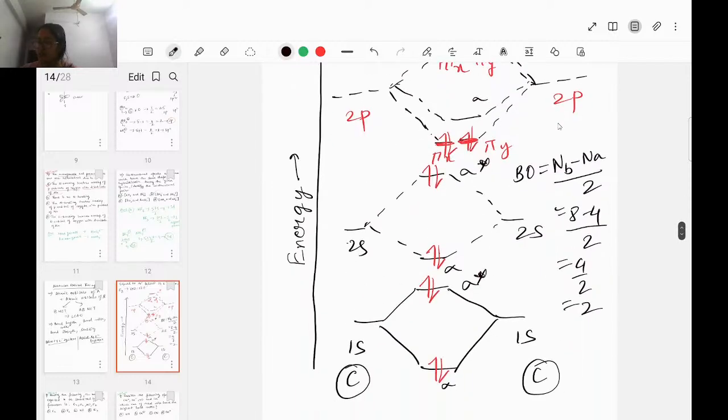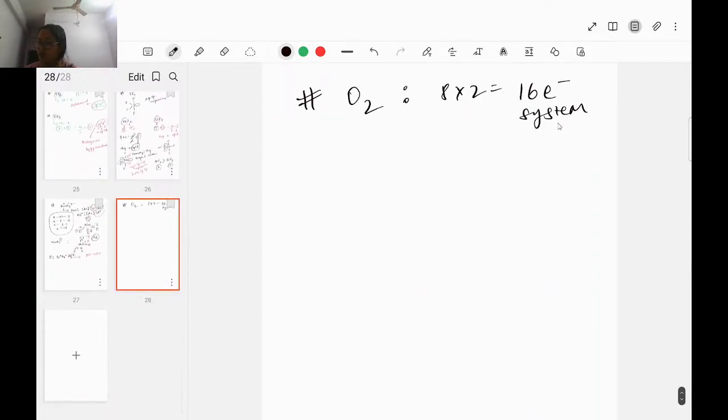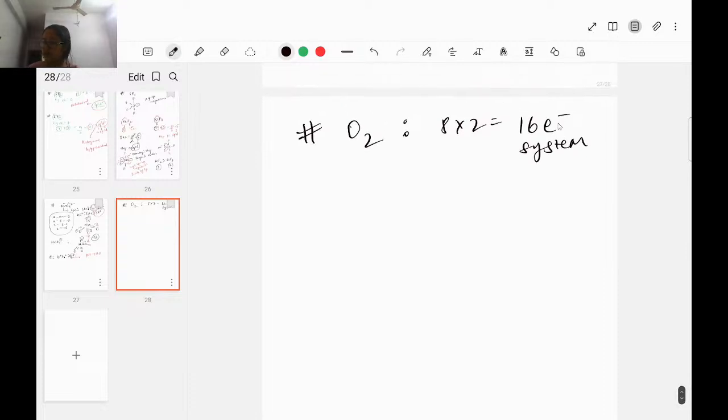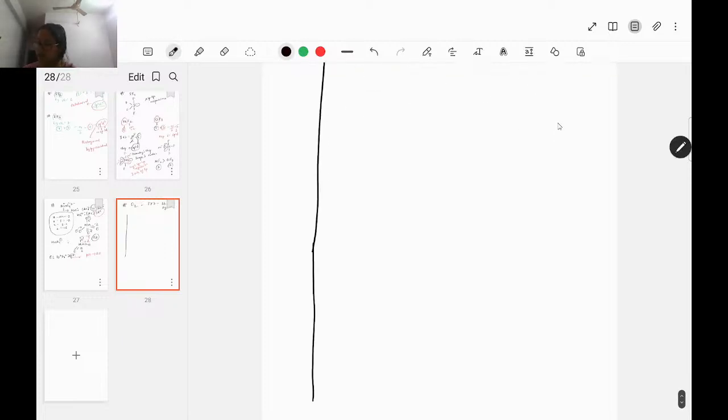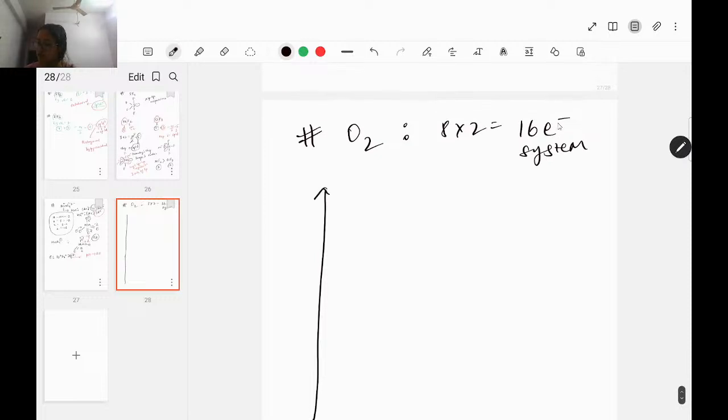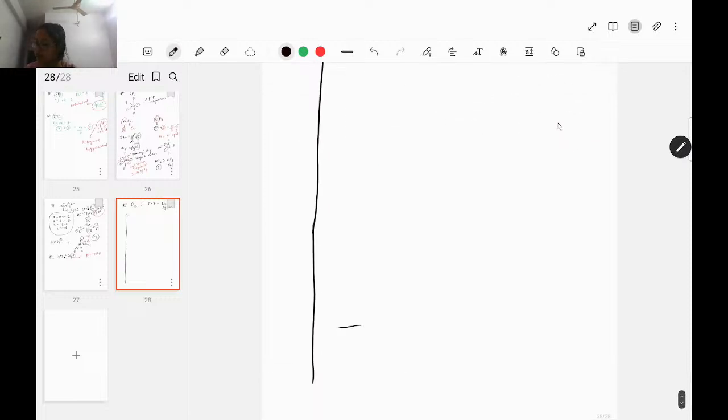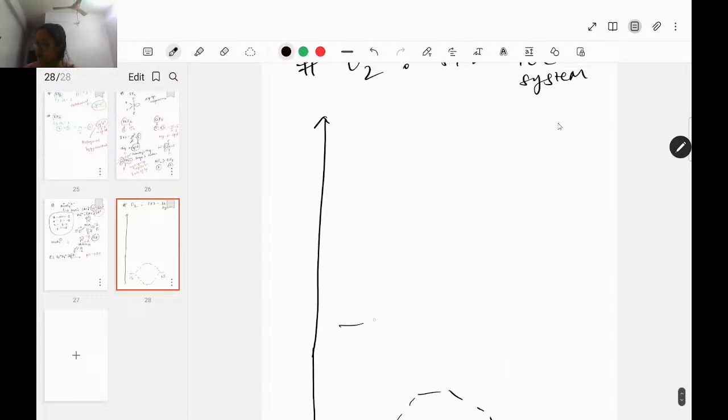So now let us go to the above 14 electron system, that is the 16 electron system. What happens over here? So we have another MOT like this. There is 1s, 1s, 2s, 2s, they are of the oxygen atoms. And then we have 2p.